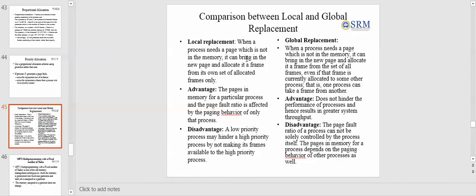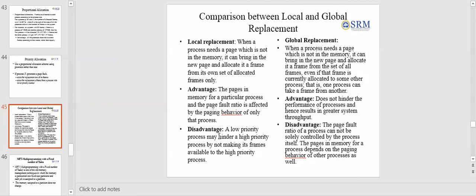Now, what is the advantage of allocating a page from your own set of allocated frames? The pages in memory for a particular process and the page fault ratio are affected by the paging behavior of only that process. When you are getting frames from another process, it can hinder the performance of that process, so local replacement results in greater system throughput.